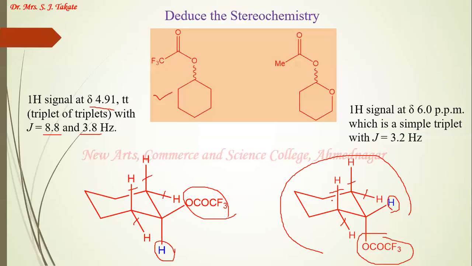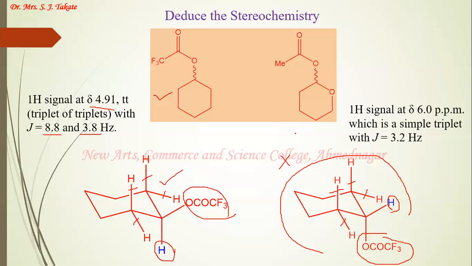This means that their coupling constant values must be the same. So instead of a triplet of a triplet, we will get a quintet here. But the spectrum shows two different coupling constant values and a triplet of a triplet. So we can say that the conformation of this compound will be the first one and not the second one. So this is how we can find out the stereochemistry using the coupling constant value.